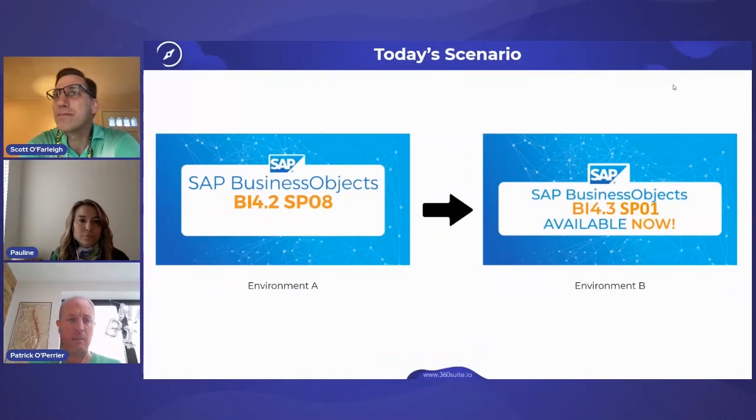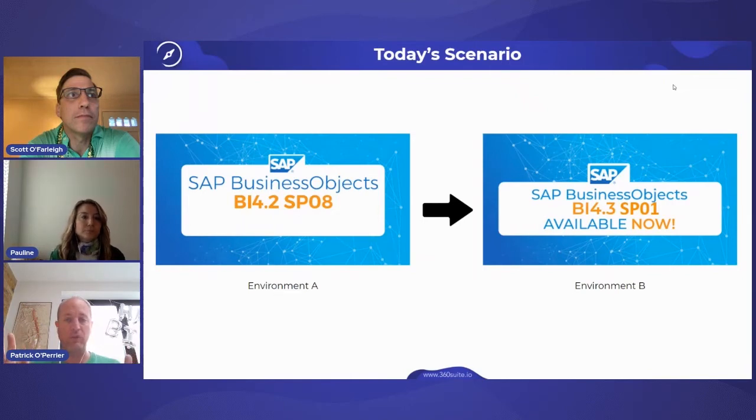Okay, so like I said, I have this 4.2 environment, which I've had for a few years now. It was 4.2 SP something, and it became SP8. I have lots of different content, Webbies, Lumiras, and so on. I'll show you very shortly. And the objective is to take this environment and side by side upgrade it to 4.3 SP01.